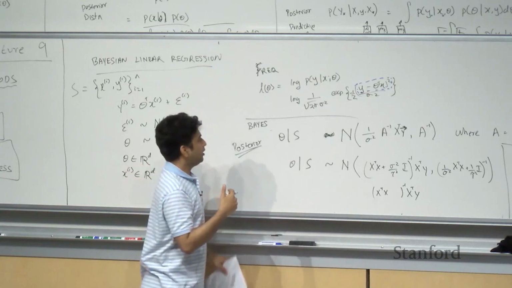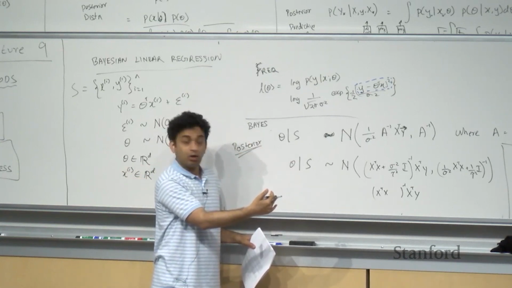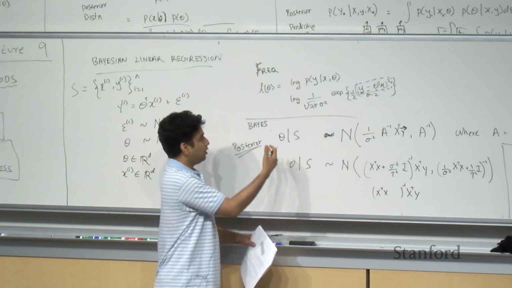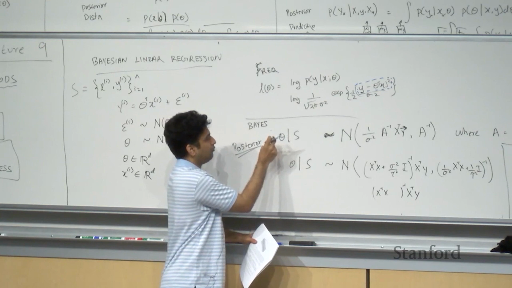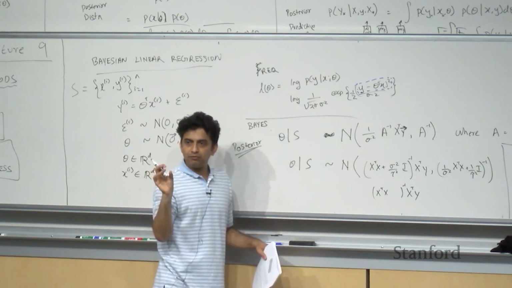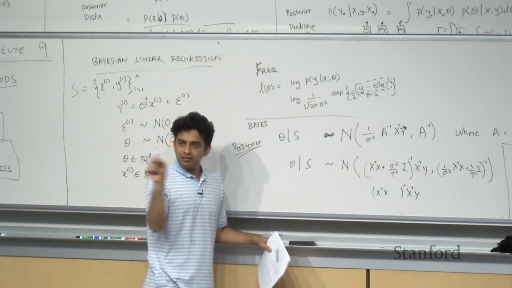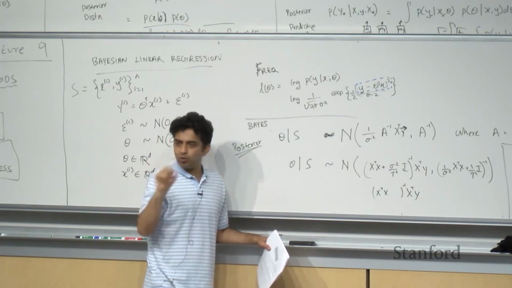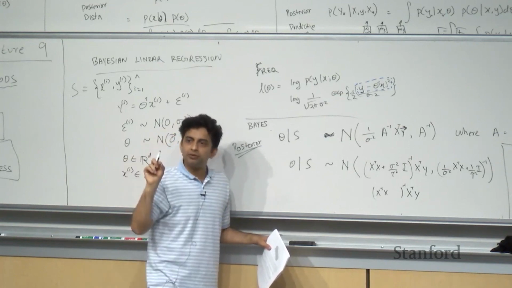Similarly, while making predictions on y star, on x star, if your posterior distribution is pretty confident, is pretty peaked, and if x star is in the region where your training set more or less was, then your predictions will also be pretty confident.